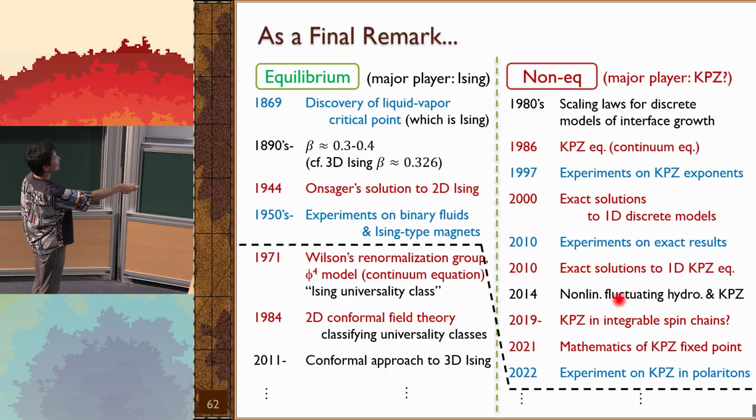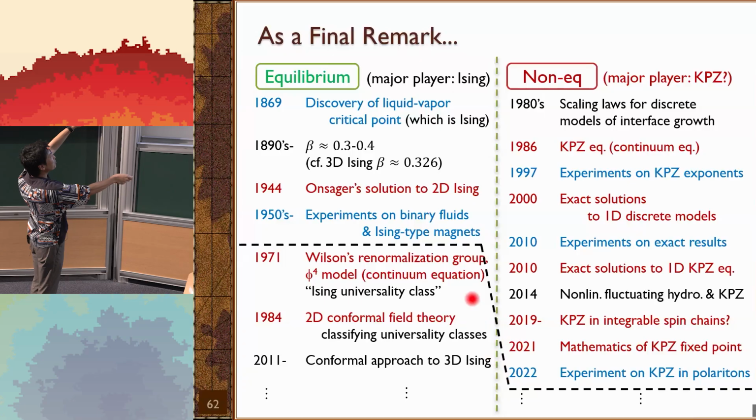We have experiments. We have a more general understanding of the mathematical structure. But it can be questionable, but I would say that our situation is probably comparable to here. We have experiments, solutions, and so on.